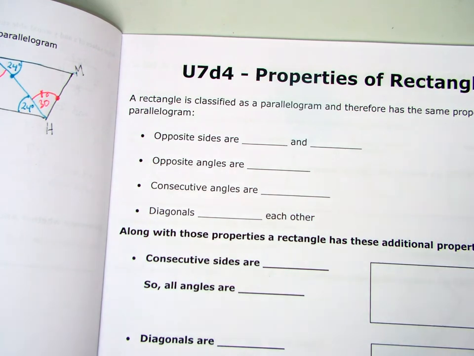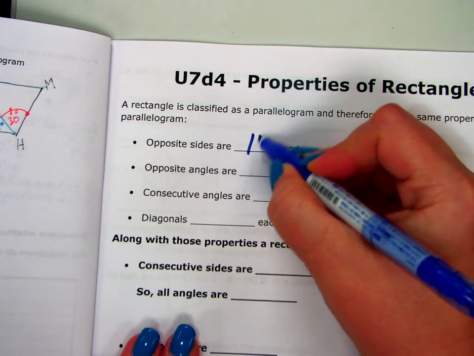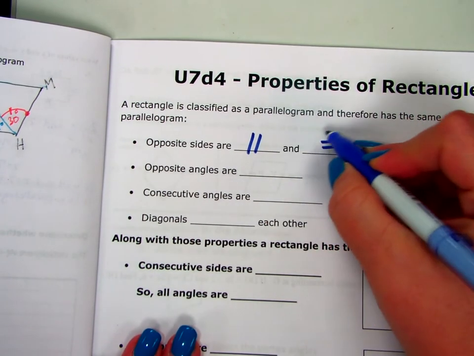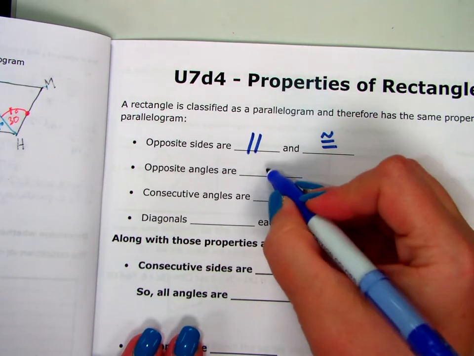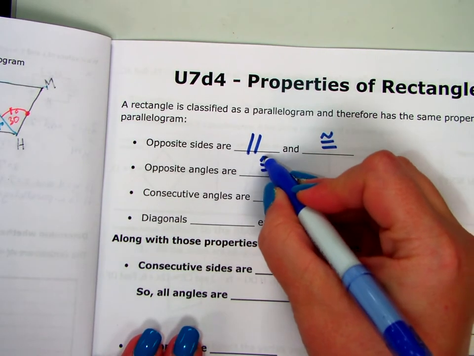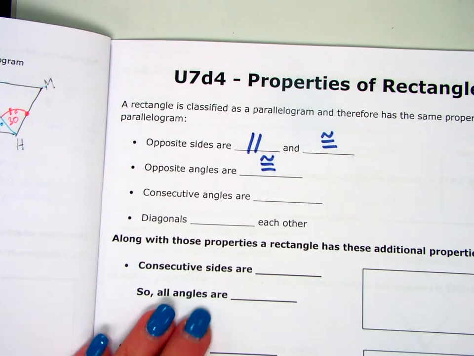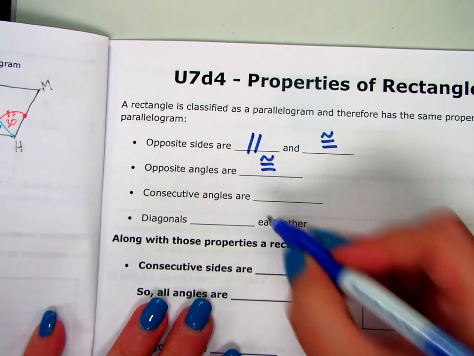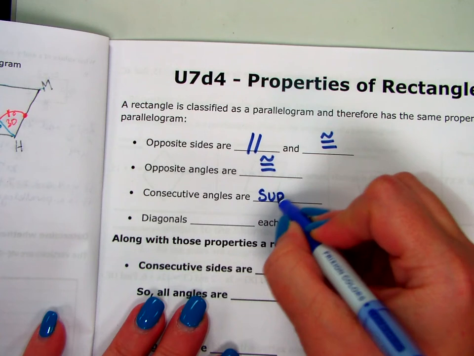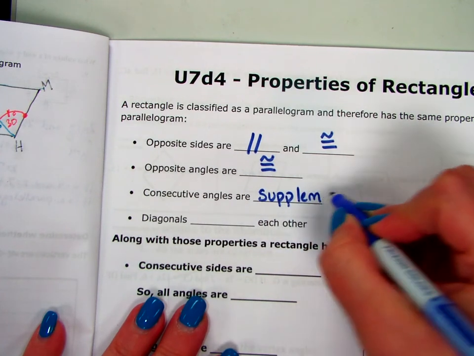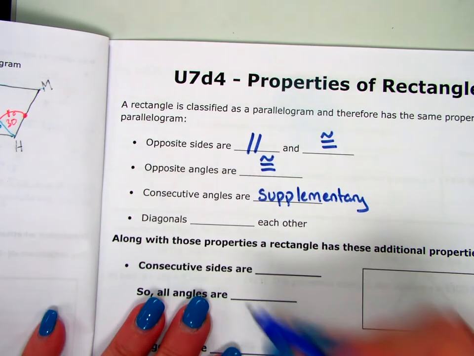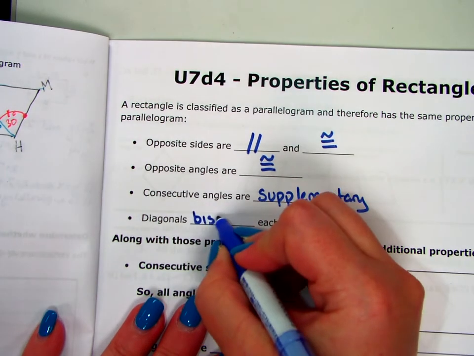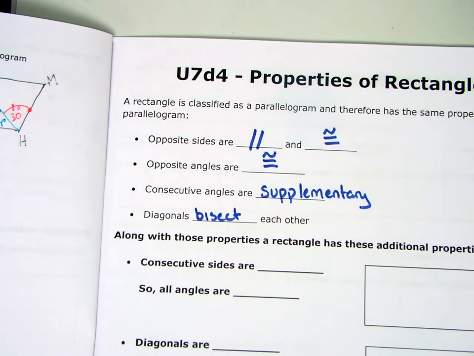So every rectangle you'll ever meet is a parallelogram, so that means it's going to have all of those parallelogram properties, meaning my opposite sides will be parallel and congruent. My opposite angles will be congruent. My consecutive angles will be supplementary. And my diagonals will bisect each other. Okay?